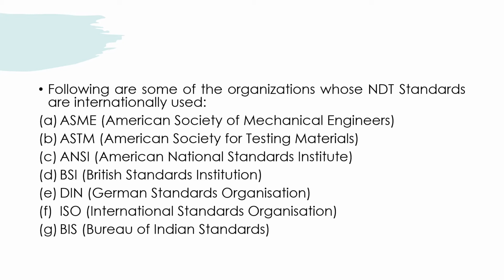Now coming to the various types of organizations, those entity standards are internationally used. So there are 7 standards entities that are used internationally. Number 1 is ASME, the American Society of Mechanical Engineers.